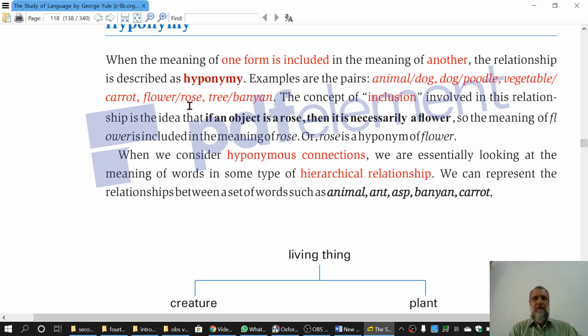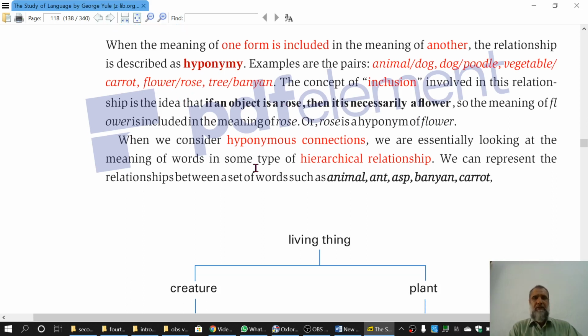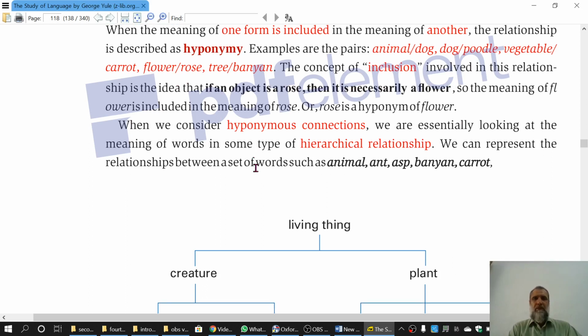For example, take this flower and rose concept. If an object is a rose, then it is necessarily a flower, because the meaning of rose is included in flower. This is the concept of inclusion. The hyponymous connections are often hierarchical in a relationship.